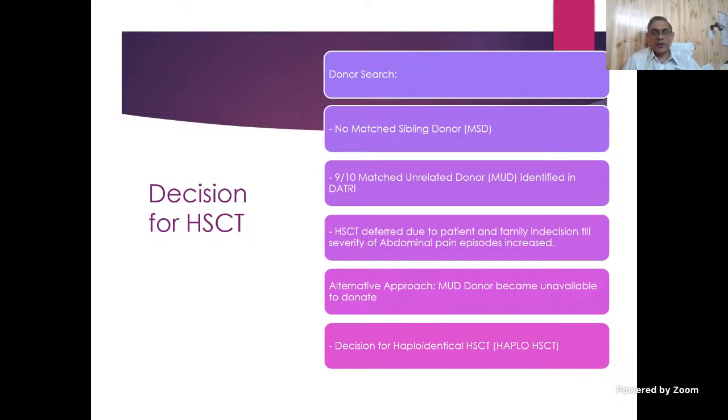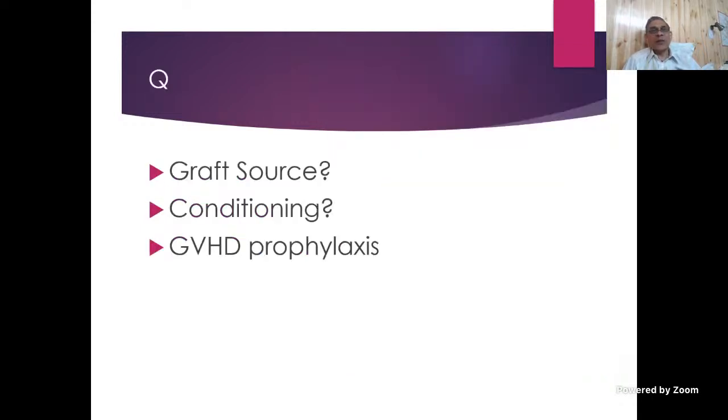So then the decision was to go in for a haplotransplant. Now that we have to go for a haplotransplant, again to my Indian colleagues first, Dr. Narinder, would you go for a marrow or PBSC in such a case?